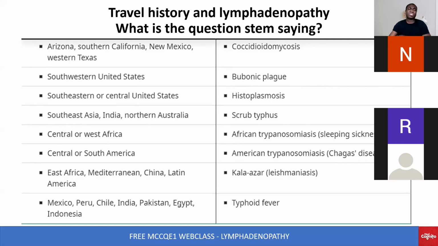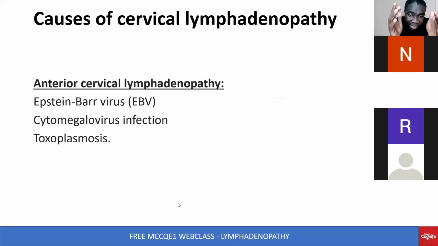Now, let's talk about the causes of cervical lymphadenopathy. We've looked at the occupation, travel history, and medication. Now let's look at the distribution of lymphadenopathy and where it is, because the examiner can say that somebody came in with lymphadenopathy, but the lymph nodes were noted in the anterior cervical lymph node groups.